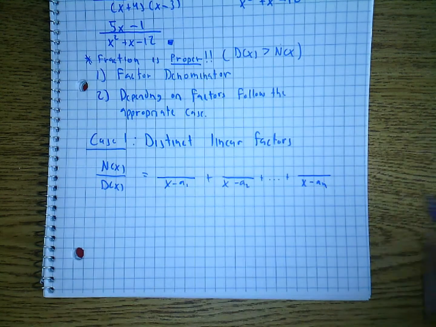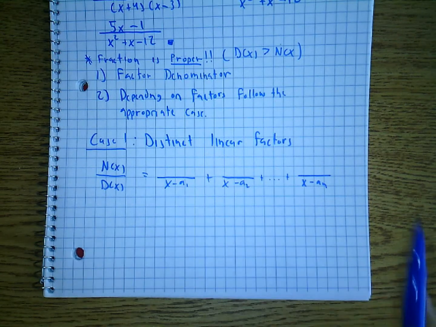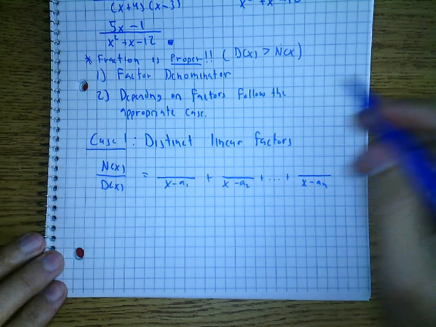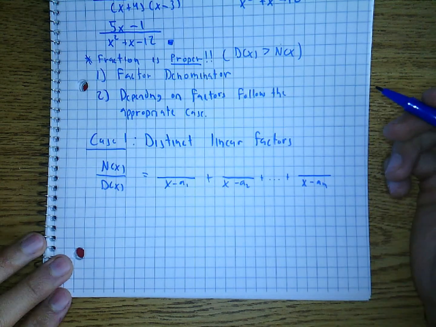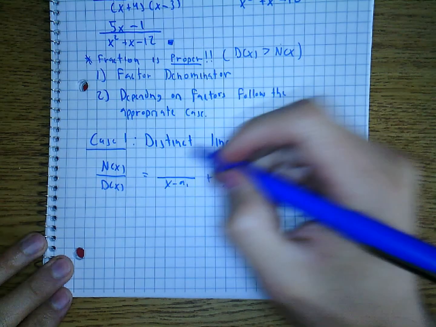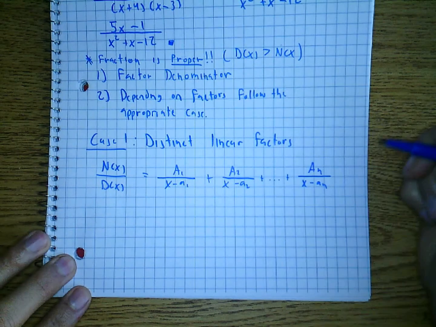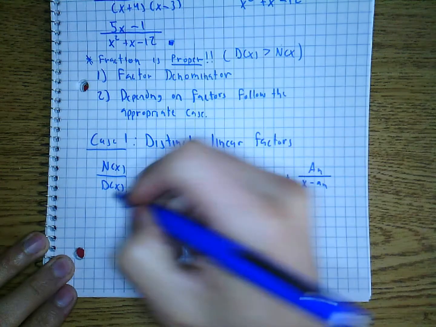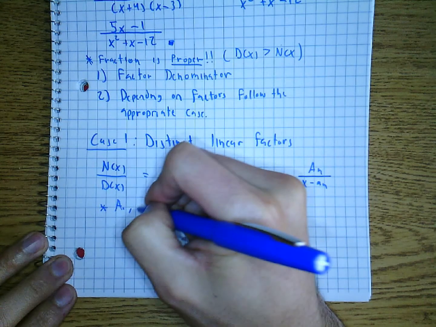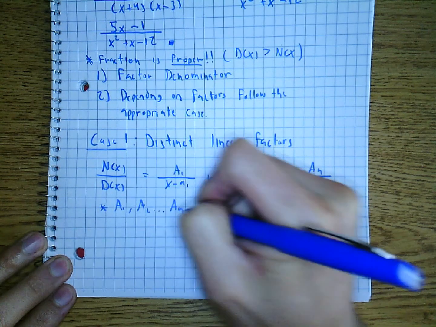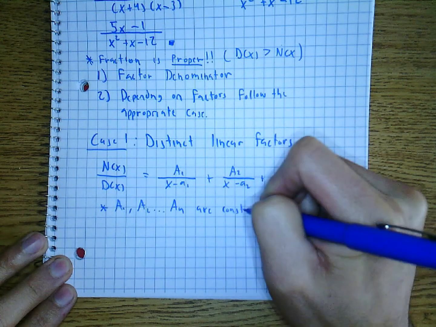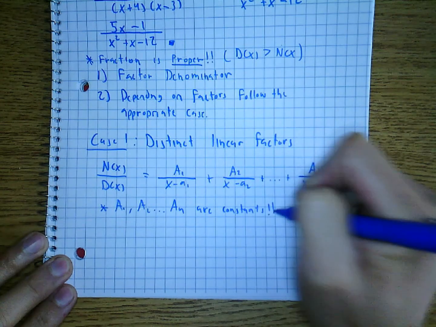Cool? What's going to happen is on the numerator, you don't know this, you're going to use variables to help you out. So we're going to call this capital A of 1, capital A of 2, this will be capital A of n. Where A of 1, A of 2, dot, dot, dot, A of n are constants. Okay? And they have to be real numbers. Okay?